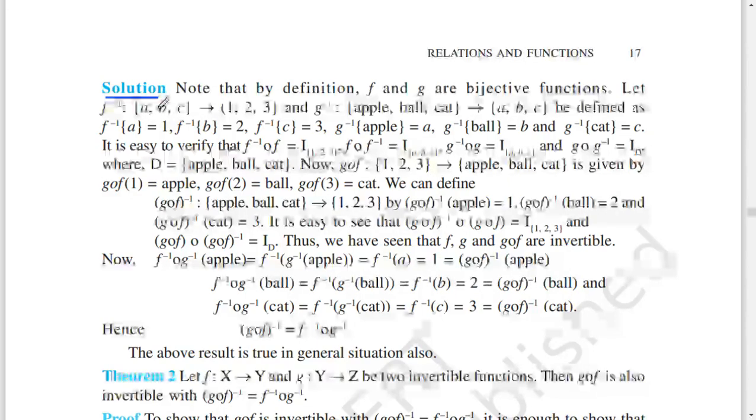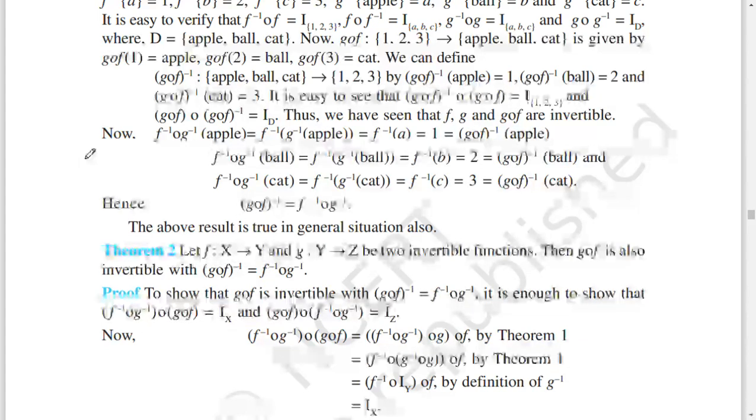It is easy to see that gof inverse of gof equals I of {1, 2, 3} and gof of gof inverse equals I_D. Thus, we have seen that f, g and gof are invertible. Now, f inverse of g inverse of apple equals f inverse of a, which equals 1, which equals gof inverse of apple. f inverse of g inverse of ball equals f inverse of b, which equals 2, which equals gof inverse of ball.